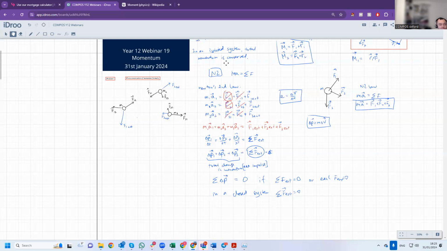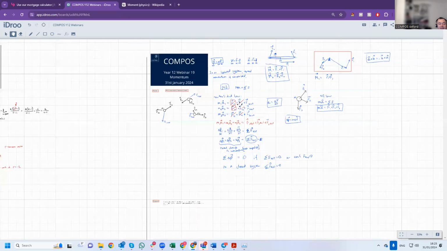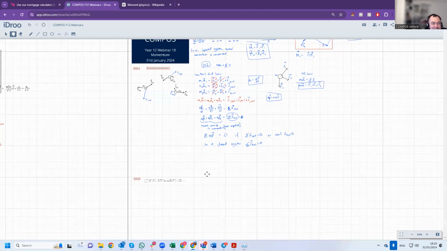We've used Newton's third law, we've used Newton's second law. And Newton's laws are useless without Newton's first law, which talks about inertial frames of reference. So we've used all three effectively.